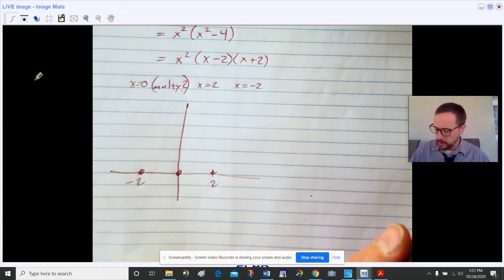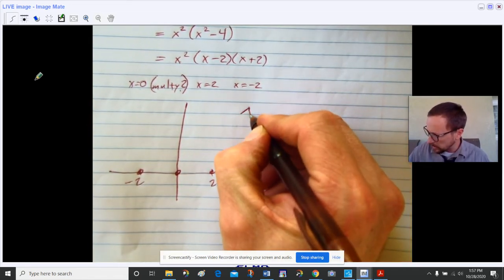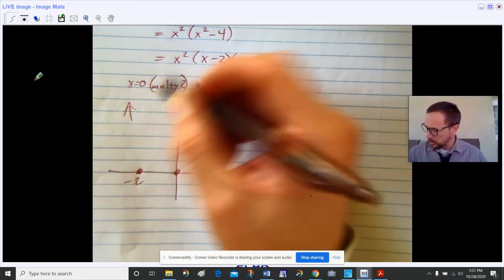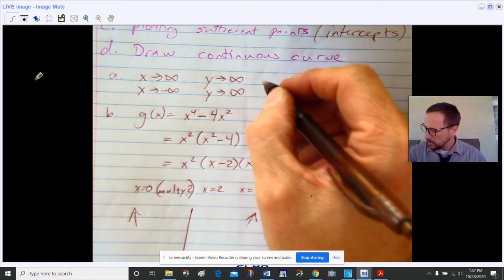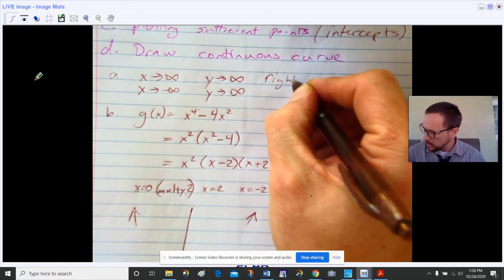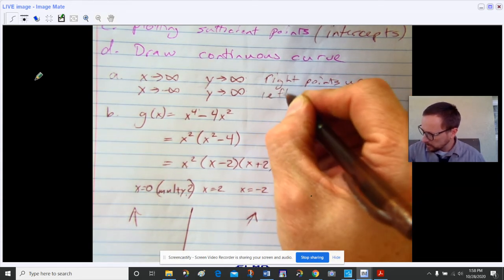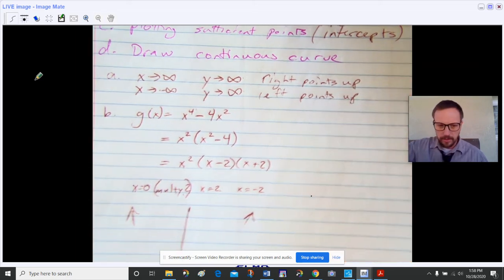Those are the sufficient points we need. We know that on the right side, the graph is going to be pointing up, and on the left side, the graph is going to be pointing up. Right points up, left points up, so both sides are pointing up.